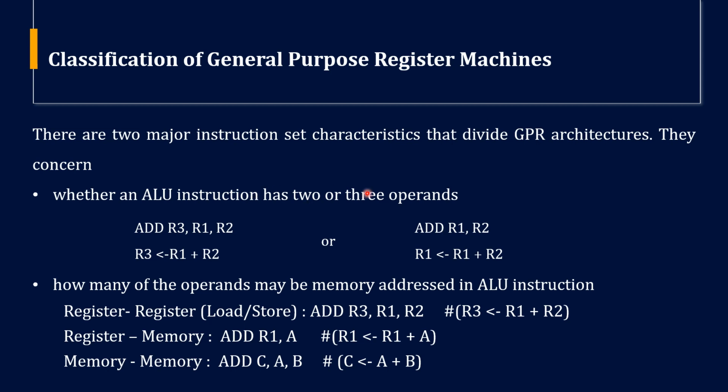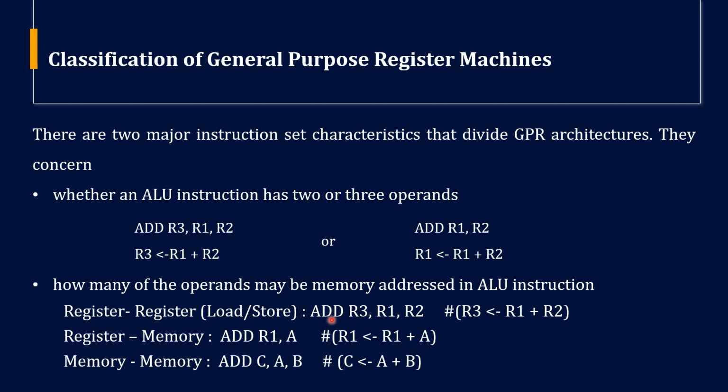So based on the number of operands, we can have two classifications, a 3 operand instruction architecture and a 2 operand instruction architecture. Fine. Then the next characteristic is the number of the operands that may be memory addressed in a particular instruction. Based on that, we will have three classifications: register to register, register to memory, and memory to memory.